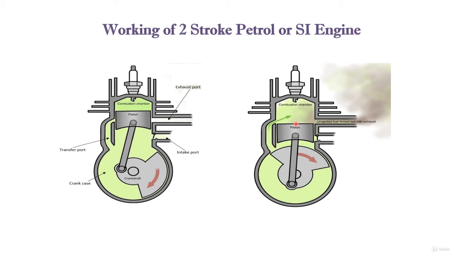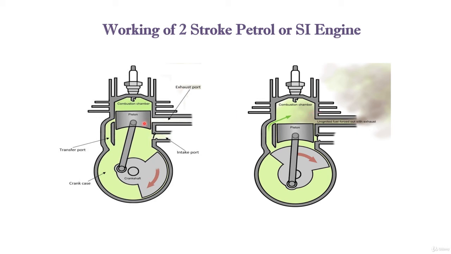Air-fuel mixture from the crank chamber moves to the combustion chamber and pushes the residual gases into the exhaust port. This process of removing the residual gases from the combustion chamber is called scavenging. When the piston reaches the bottom dead center, the residual gases are flushed out completely and the combustion chamber is filled with fresh air-fuel mixture.